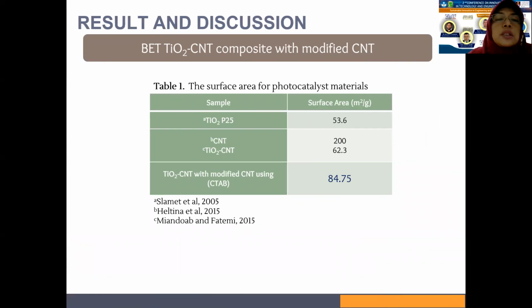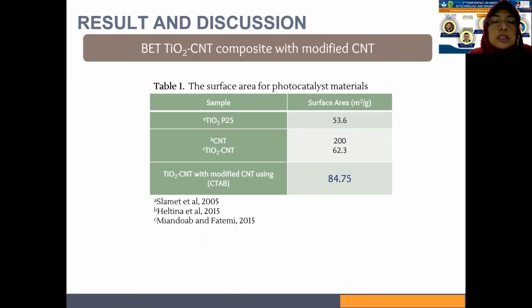The BET characteristic shows the surface area of the photocatalyst materials. You can see the table of the several photocatalyst materials, TiO2 CNT and TiO2 CNT, and their surface areas.